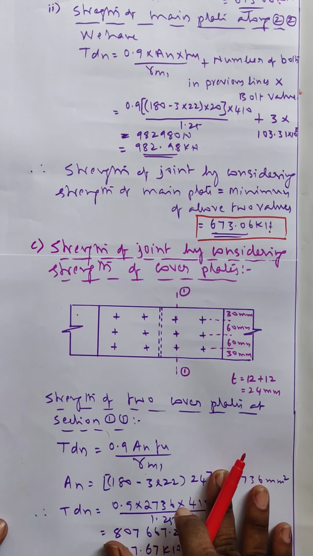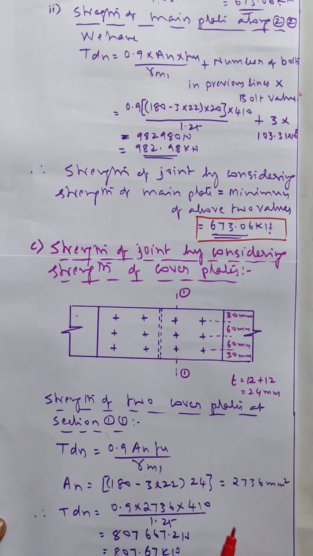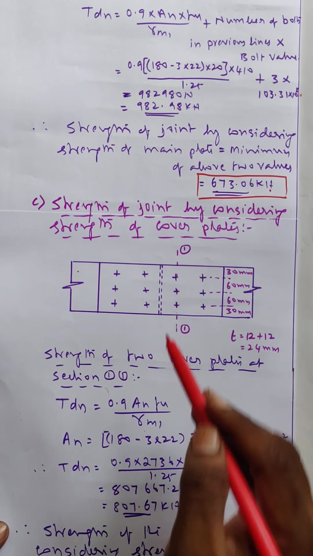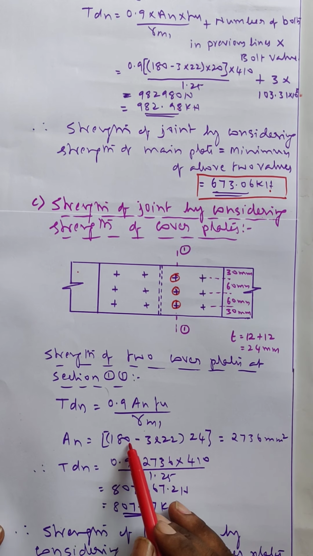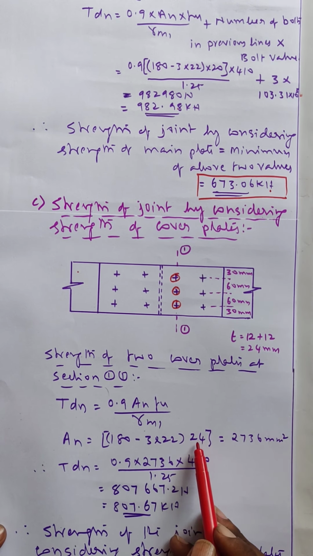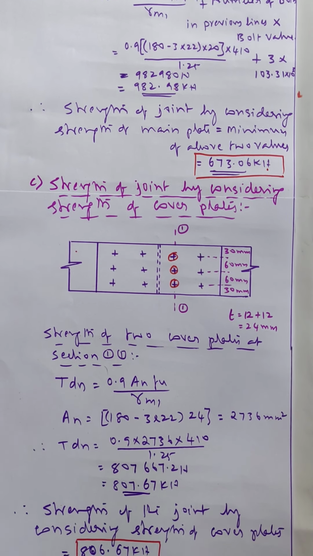Again the equation is same. Tdn is 0.9 An into fu by gamma m1. Therefore net area here also same, in cover plates also we are drilling the 3 bolt holes. Therefore 180 minus 3 into 22 into 24, it is 2736 millimeter square.